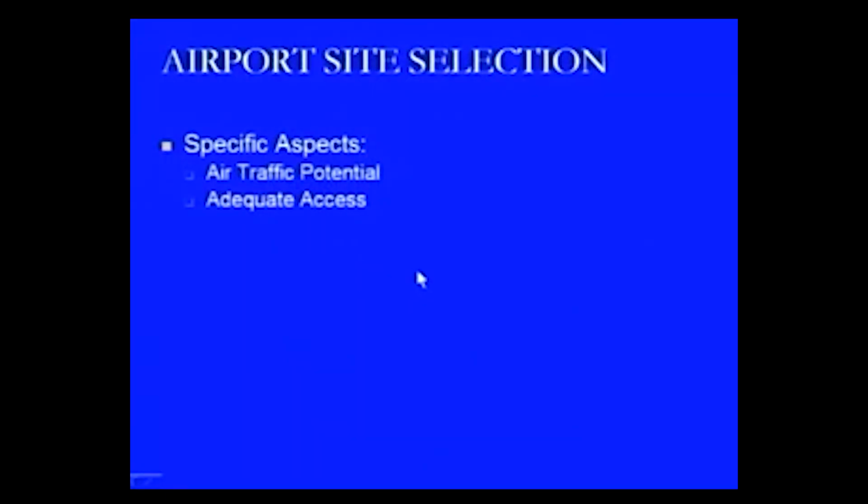Another thing is adequate access. The area should be such that we can reach there very easily, and at the same time the persons who are reaching that location from outside should be able to reach the city very easily. So, that access has to be looked at. Then sufficient airspace should be available for the aircrafts.